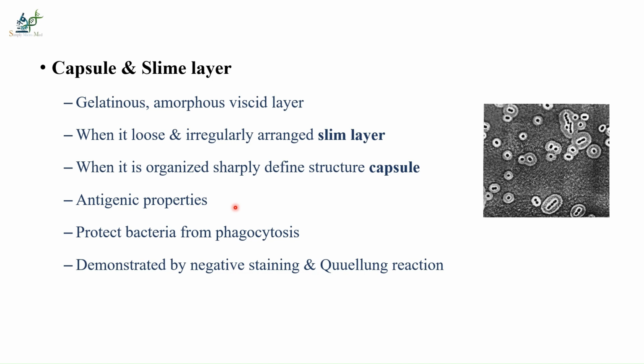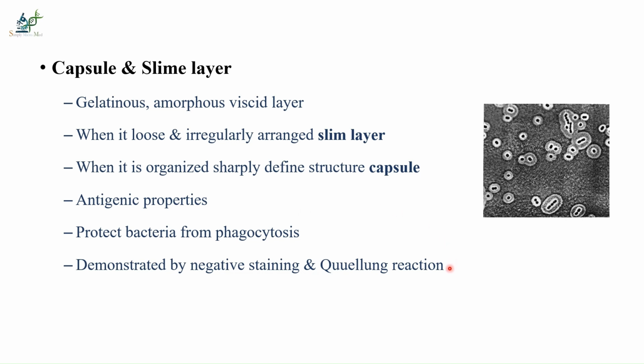That means it can stimulate antibodies, and the capsule protects the bacteria from phagocytosis. Phagocytosis means engulfing of the bacteria by macrophages. Due to phagocytosis, the bacteria can be lysed or killed by these macrophages.